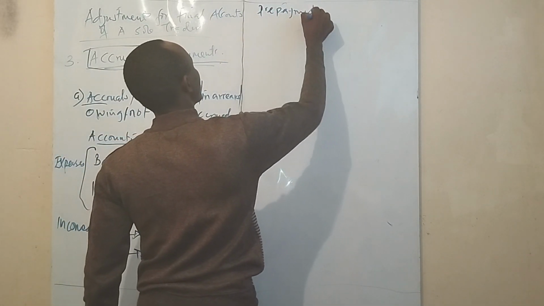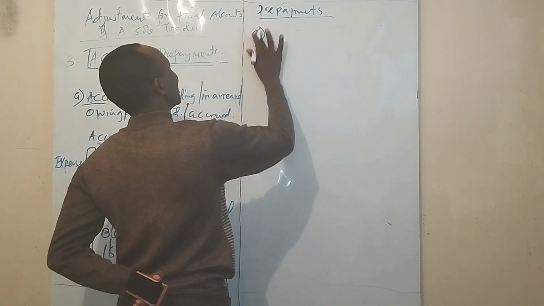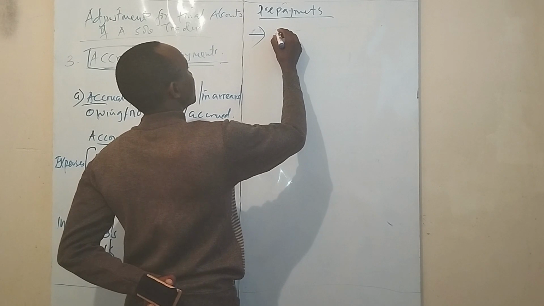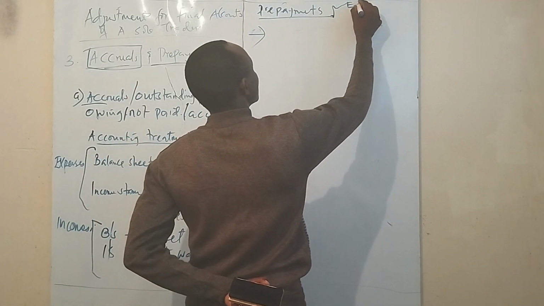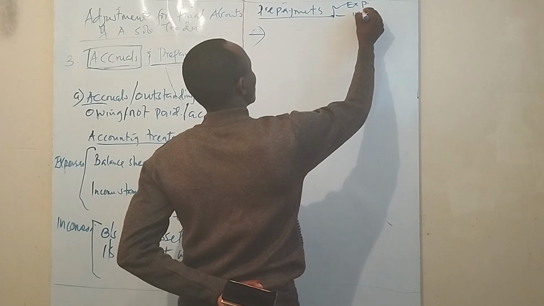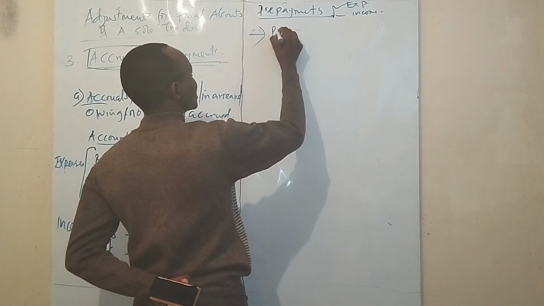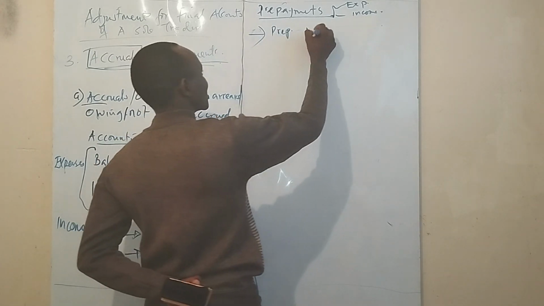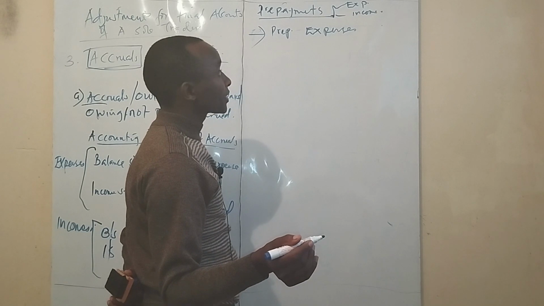Prepayments. So let's look at the first part, expenses. We can either prepay expenses or incomes. So let's look at prepaid expenses. Prepaid expenses, paid in advance and prepayments are the same thing. Are we together?